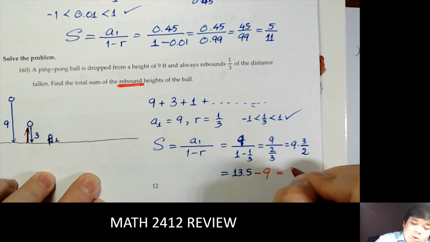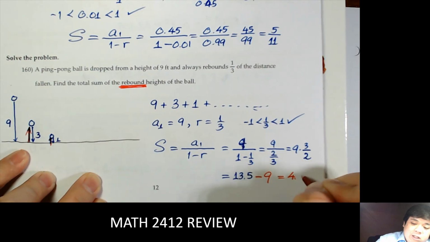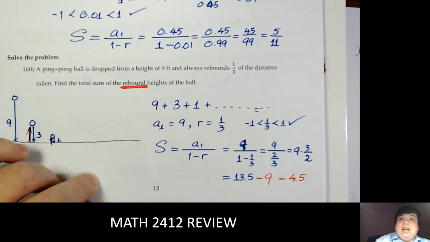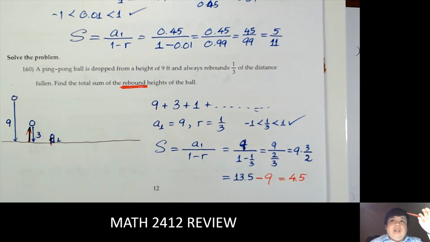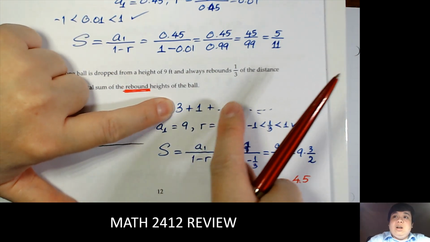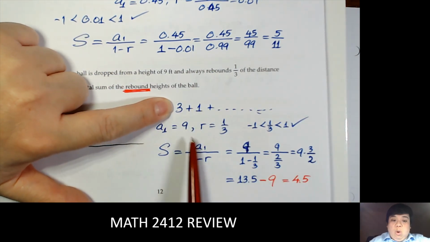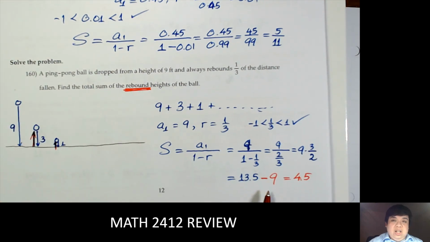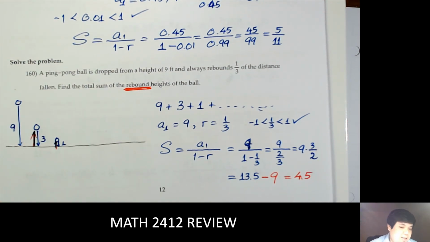So actually it's just 4.5. Again, we're not counting the initial height. In this series, actually we don't have the 9. We start from 3, 1, 1/3, and so on. So since we already did that, we have to subtract the initial height.